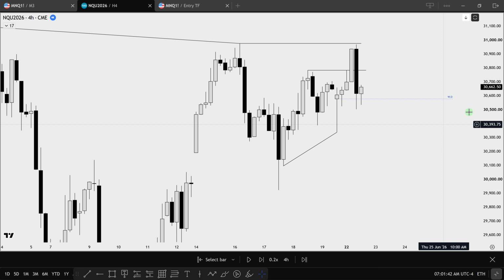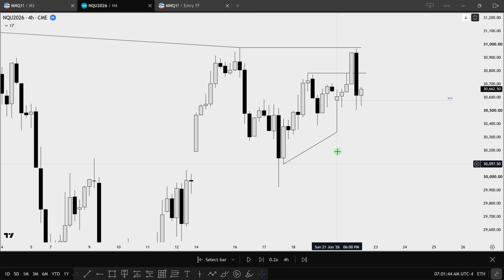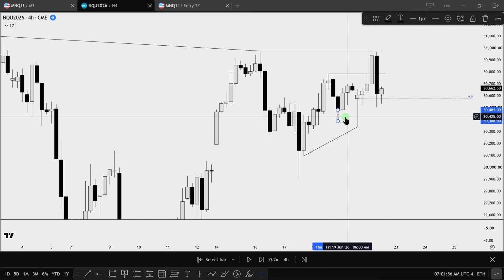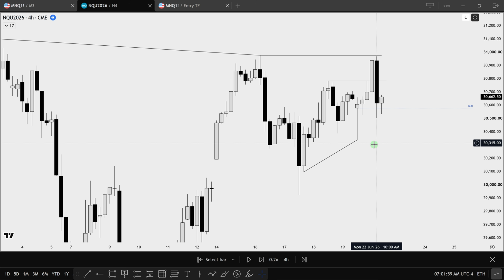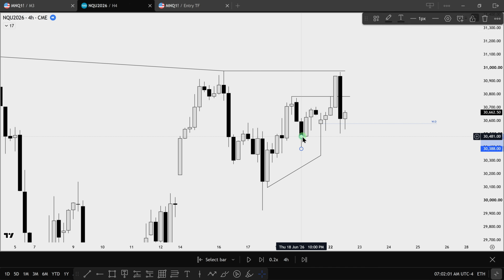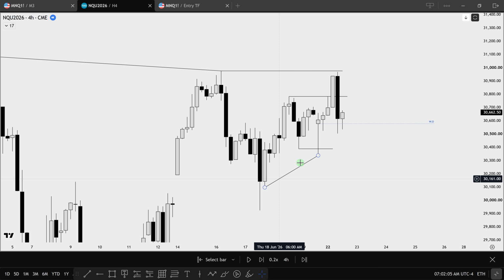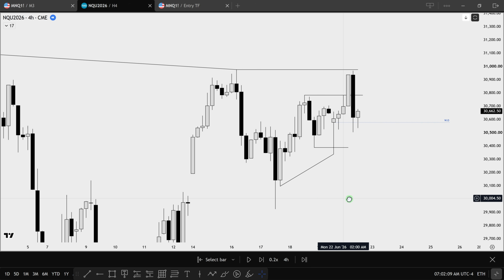Because even if one asset takes out a low and the other asset does not, there has to be a level that the weaker asset, or the stronger asset for bullish, has to tap into, which is this relevant low here. Or if it wasn't a low, it would have to be a gap. So you can see we tapped into this relevant low. The other asset, NQ, takes out this relevant low, creating the SMT.